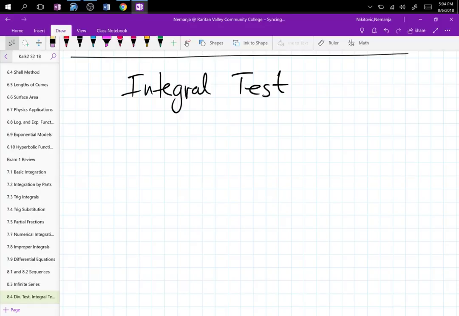For integral test, you will have to check the conditions before you get to do integral test. First off, the area of mathematics that we are at right now is discrete. That's a point, plus another point, plus another point.